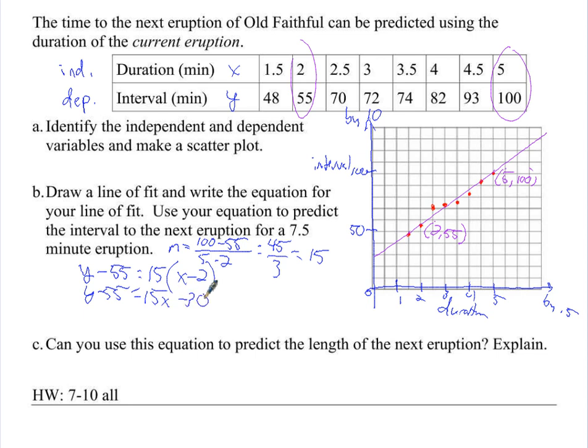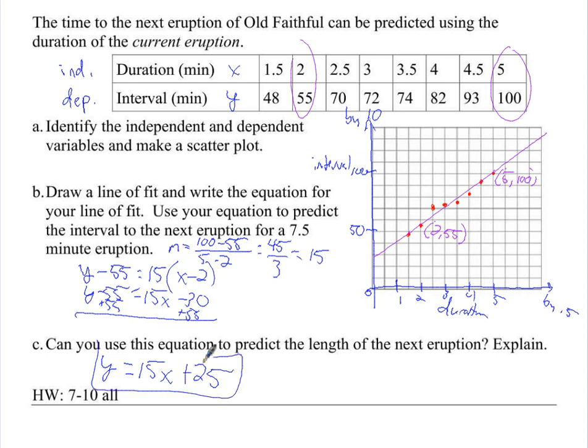And now we solve for y, which means we have to, good, plus 55 to both sides. And my equation is y equals 15x plus 25.